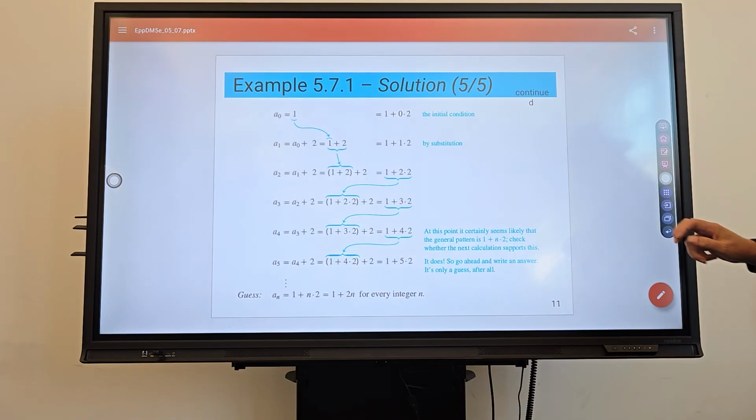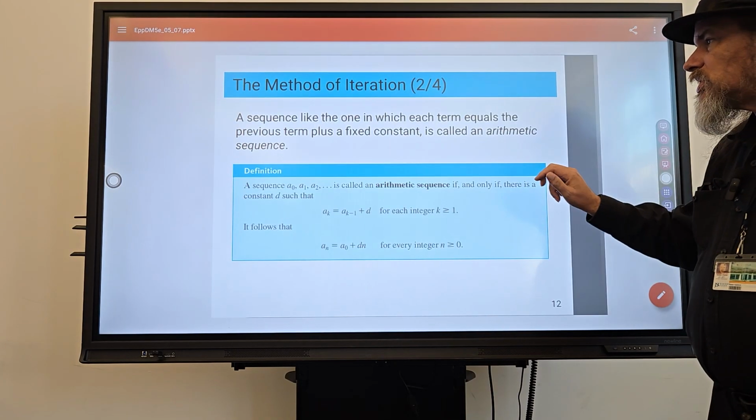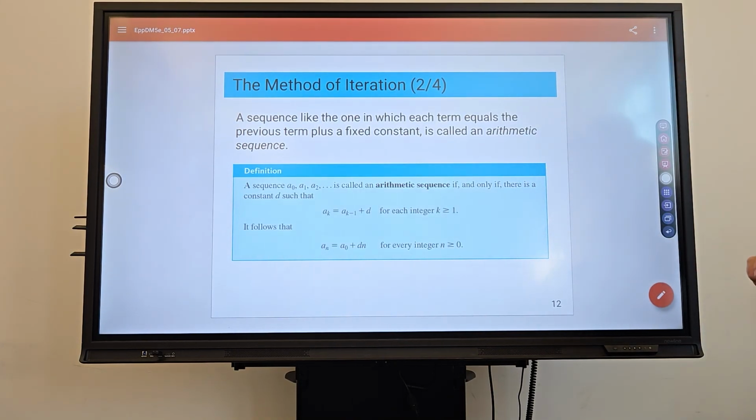So a sequence like the one in which each term is equal to the previous term plus a fixed constant is called an arithmetic sequence. Definition. A sequence a is called an arithmetic sequence if and only if there is a constant d such that a sub k equals a sub k minus 1 plus d.